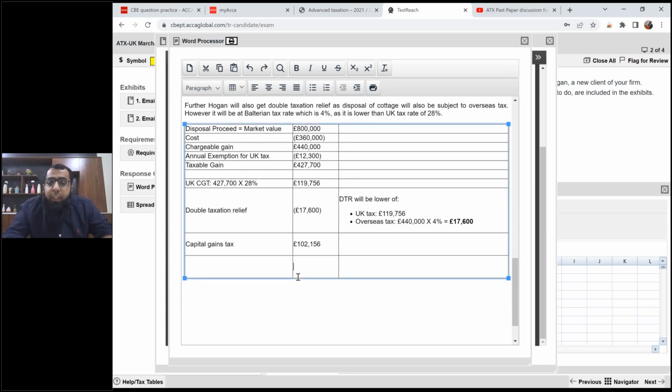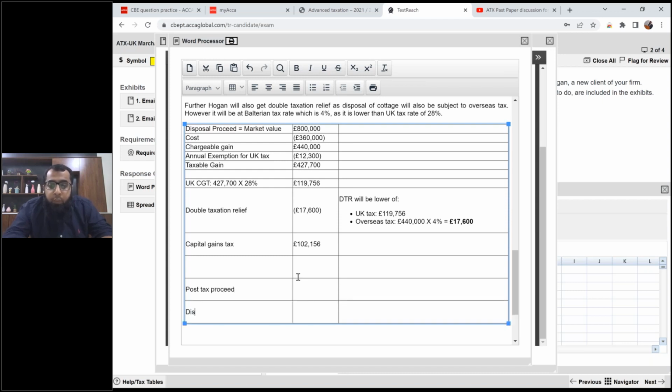Okay. Now we have to calculate the post-tax proceed. So how will we calculate the post-tax proceed? The disposal proceed was 800,000 and the tax is 102,156.